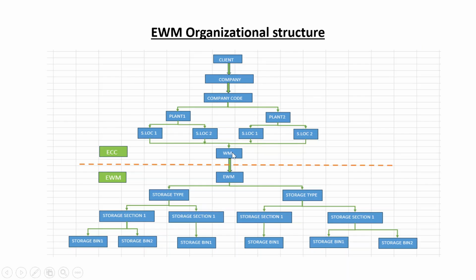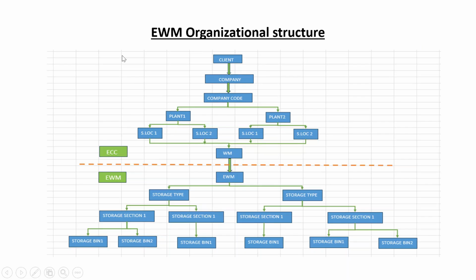This is our warehouse management, which is ECC related, not the advanced one. These above org structures fall under the ECC system, and below the imaginary line you can see EWM storage type, storage section, storage bin.